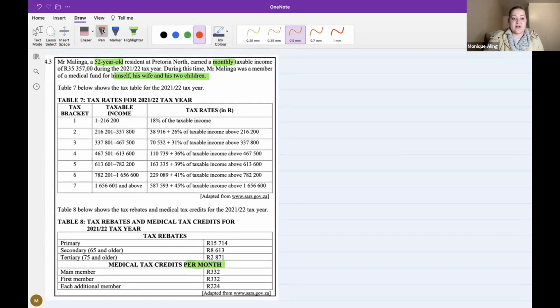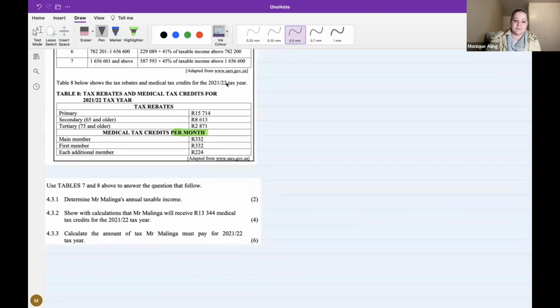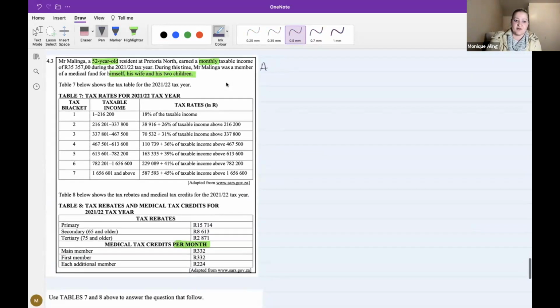So before we can work out annual taxable income, we need to work out his annual tax payable. Apologies, I read that wrong. Annual taxable income, that's not going to be our last question. Taxable income means our income times by 12. So I'm going to do it up here.